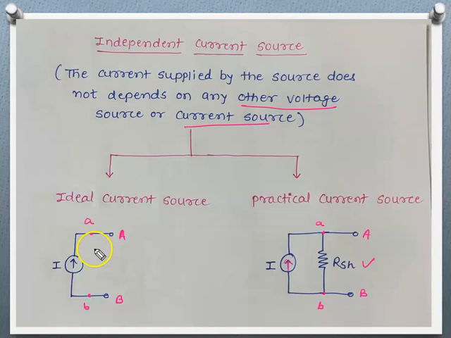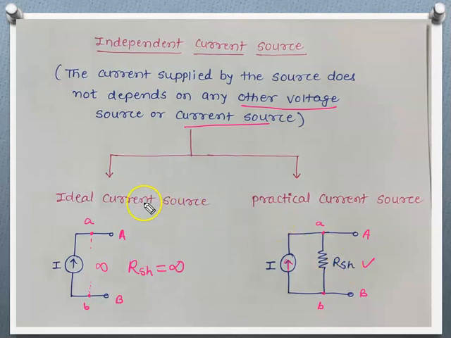Here what will be the value of RSH? As it is not connected, that means it is open circuited, and the value of open circuit resistance is infinity. So RSH is infinite in case of ideal current source, and in case of practical current source it has a definite value.